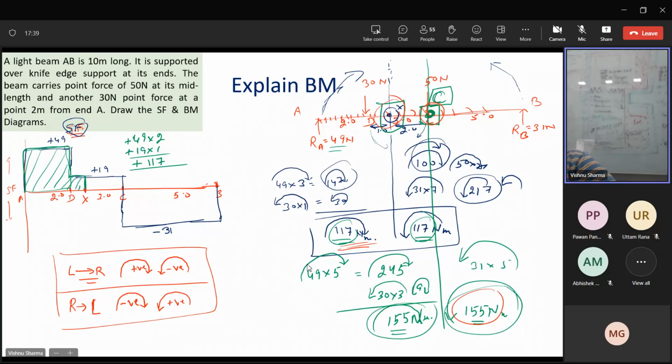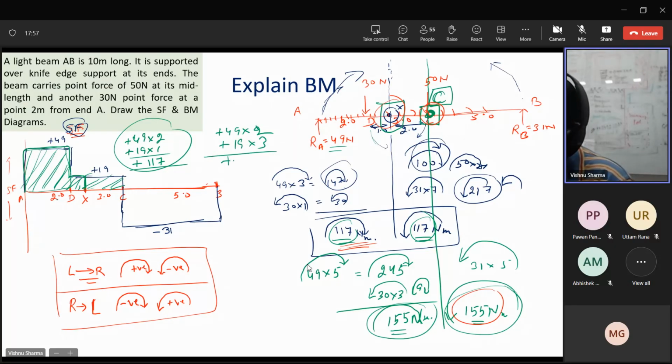Let's look at C. We got a value of plus 155. How much is the area to the left of C? To the left of C is this and this area. It is plus 49 into 2 plus 19 into 3. And if you do it, it will come plus 155.